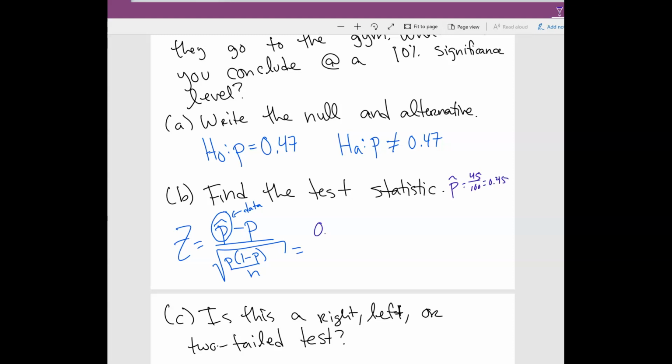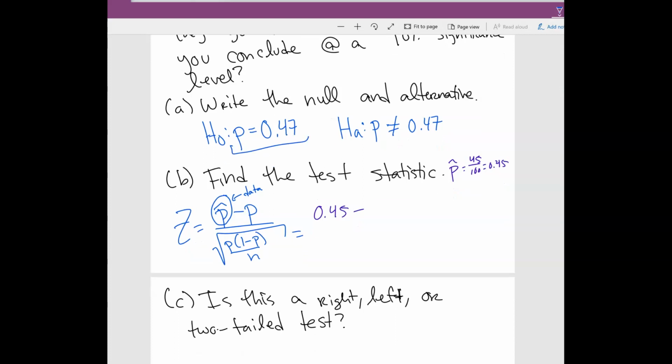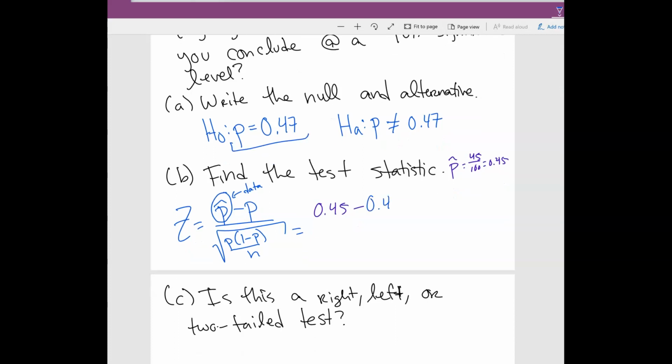So your P hat is going to be 0.45 minus, and now we write our P. Our P in this case is 0.47, divided by the square root of 0.47 times 1 minus 0.47, divided by N. And N in this case is the number of people that we selected, which was 100.